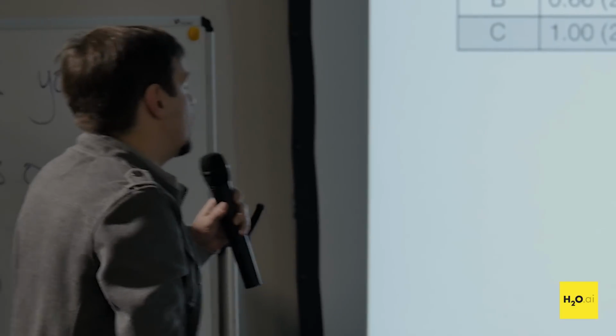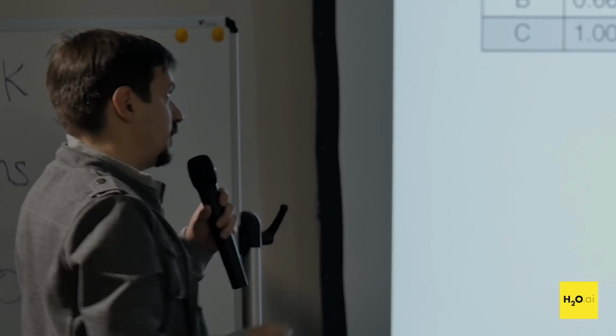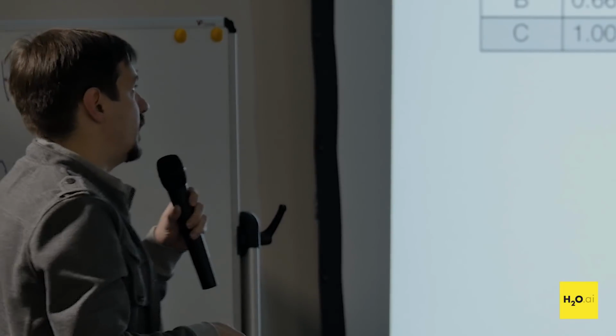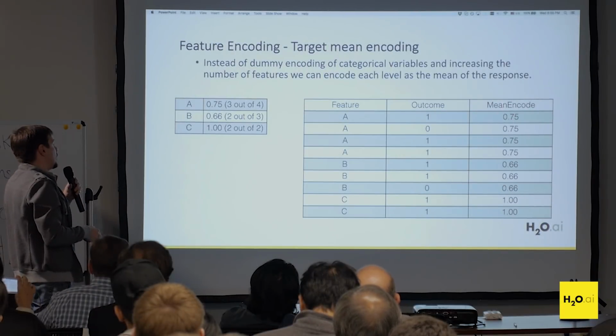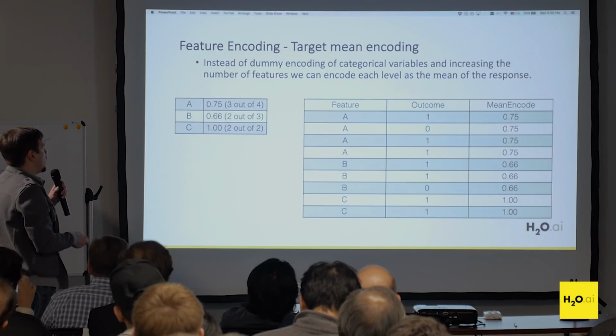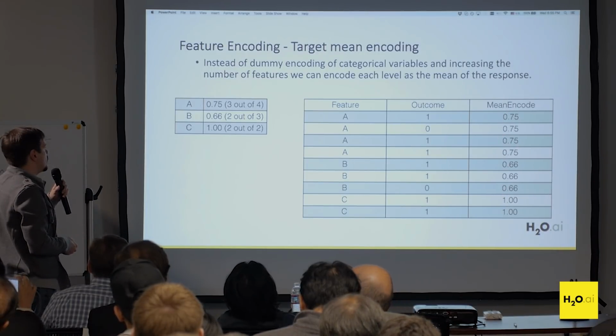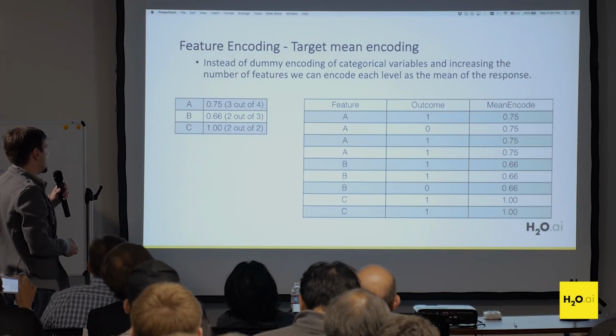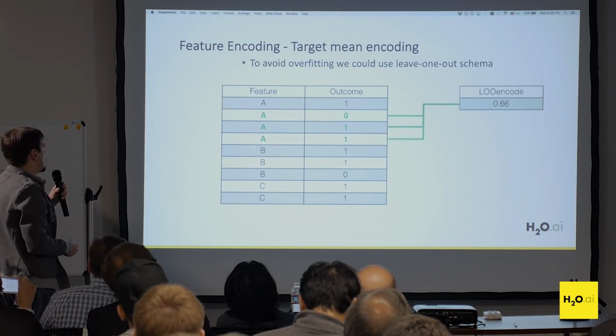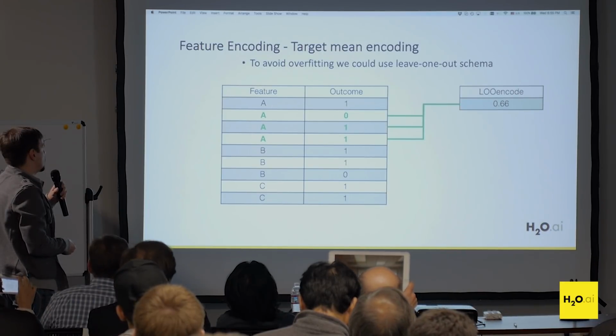That's one approach. The second approach is to introduce noise into your data. Instead of just blindly encoding using a mean encode, you can use a leave-one-out approach. So basically, you encode each record using the rest of the records.